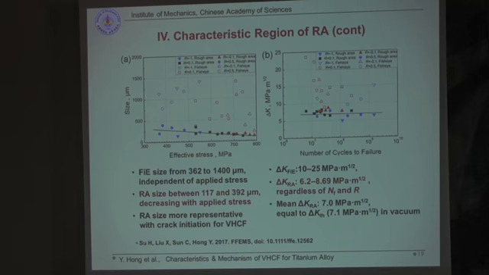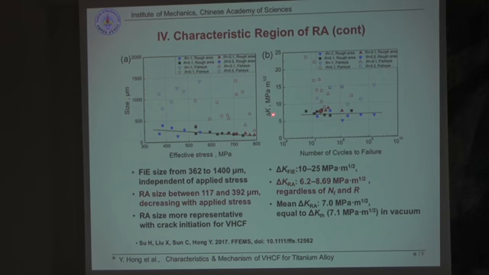And very similar to the case in the high strength steel, the size of the RA is somehow stable, or there's a relatively small range for RA size, and for fisheye size there is quite a large distribution range.